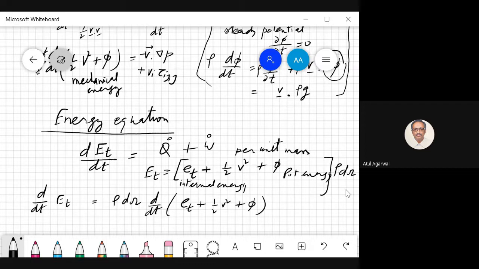You see, mass is conserved, so you can treat it as a constant and take it out of the time derivative. Is it all right? Yes, sir. Okay.